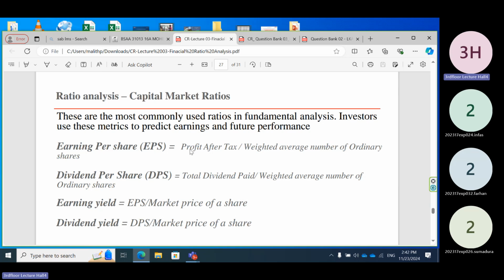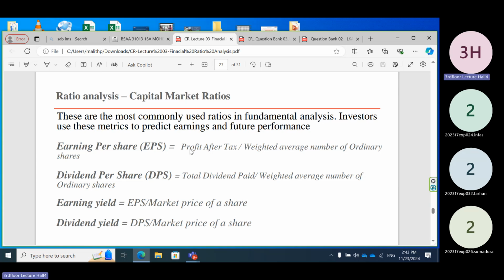They keep some for their internal investment purposes. That's why they have retained earnings. In some instances, earning per share for that period may be lesser than the DPS.